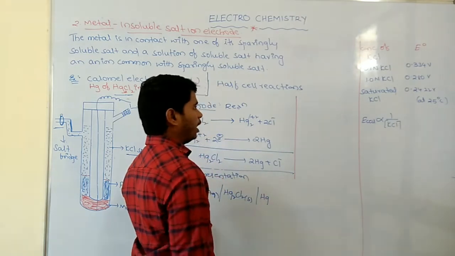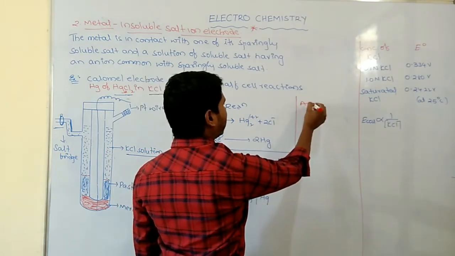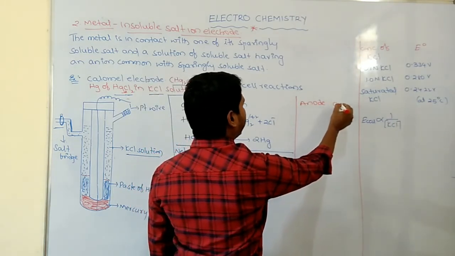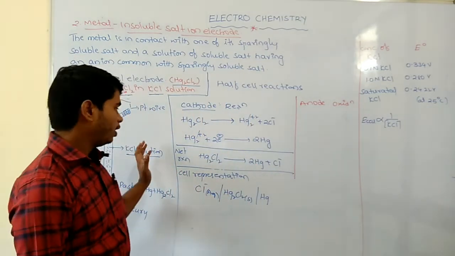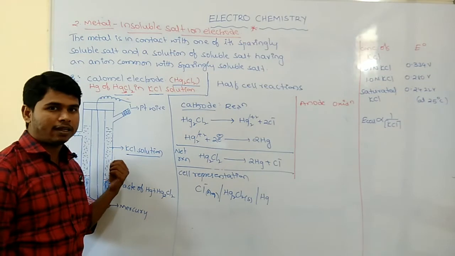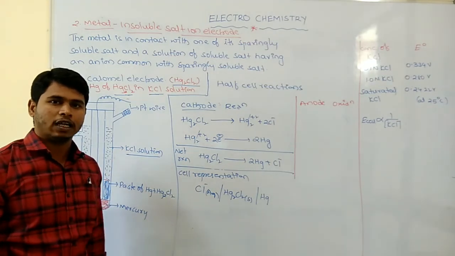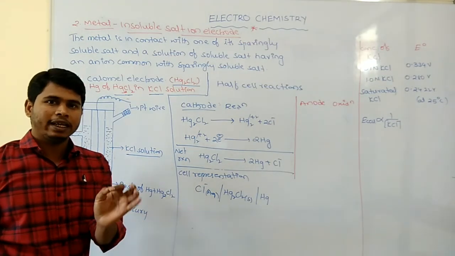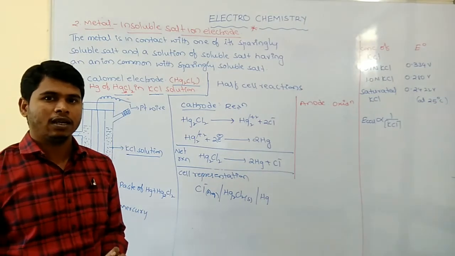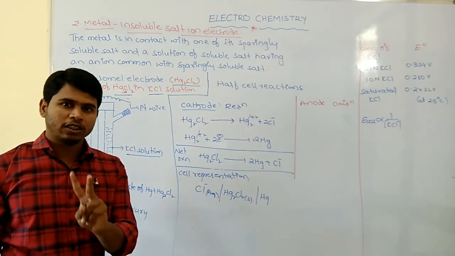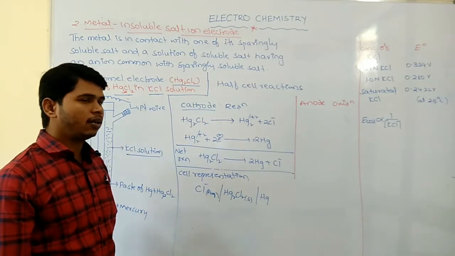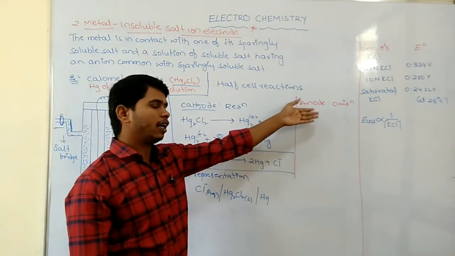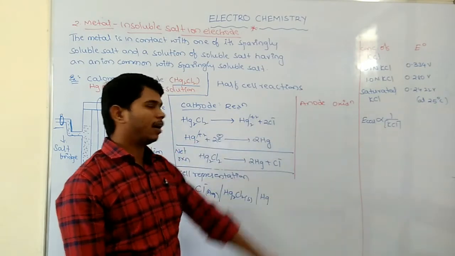If the same calomel electrode is acting as an anode, the oxidation reaction is taking place. If the calomel electrode is connected to another half cell, depending upon the nature of the other half cell and the electrode potential of the two half cells, the calomel electrode may be involved in the reduction or in the oxidation.